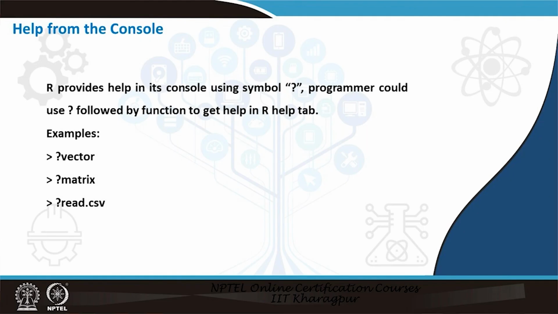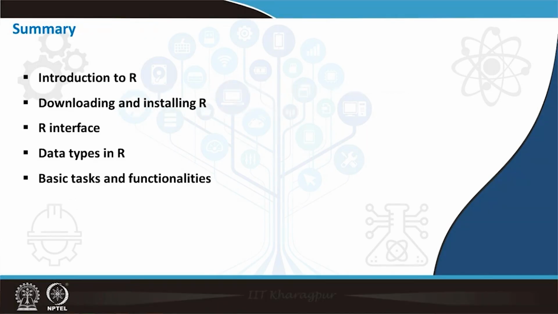In a nutshell, in this session we have seen an introduction to R, downloading and installing R, the basic R interface, and different data types in R. We have seen how to create numerics, characters, vectors, and data frames, how to bring Excel data into R, and some basic functionalities such as filtering and taking help from the R console. Finally, we have seen setting the working directory as well.